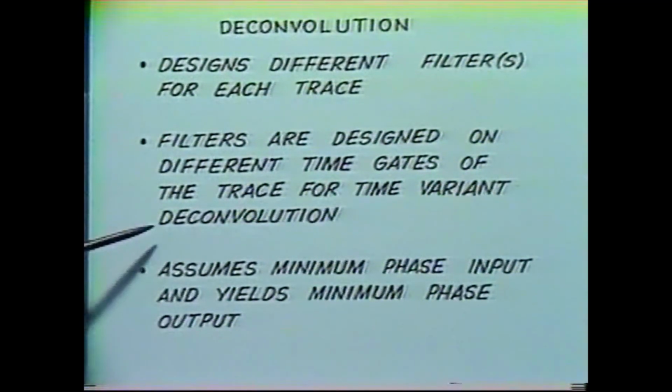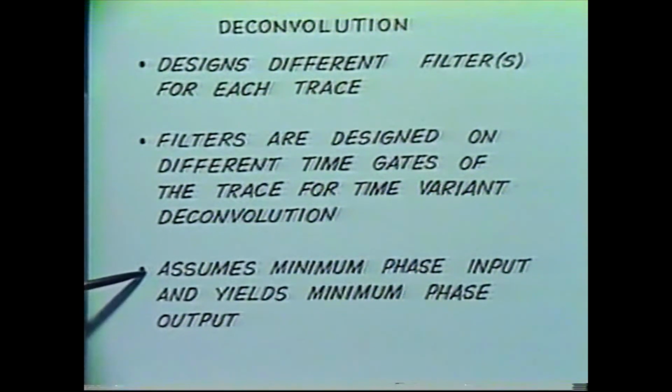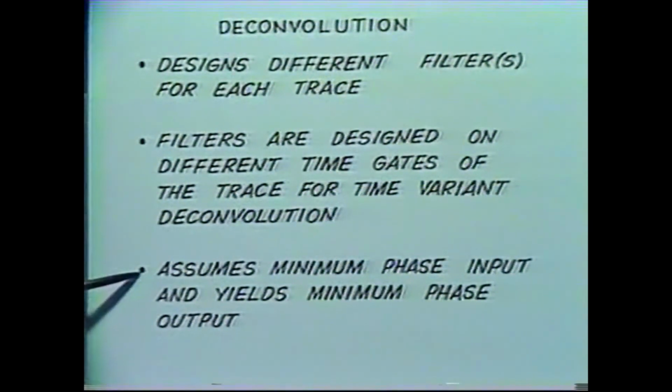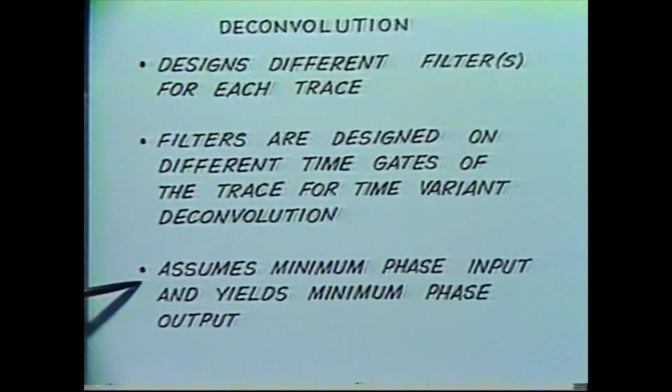The deconvolution process assumes, just like designature, that the input is minimum phase and it will also yield a minimum phase output, which is something that's different comparing deconvolution with designature. Designature will produce a zero phase output instead of a minimum phase output.